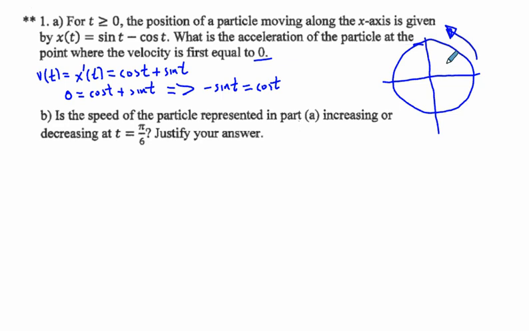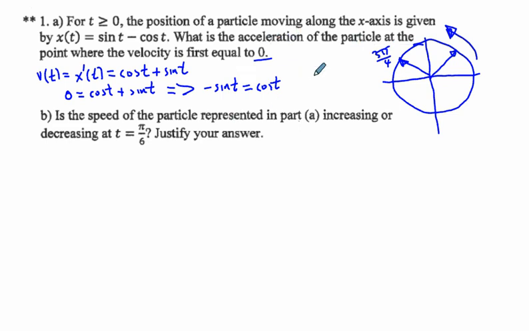We have positive, positive here in quadrant 1, at pi over 4. But up here on the other side, at 3 pi over 4, we're going to have the signs opposite. So negative sine t is equal to cosine t at 3 pi over 4.